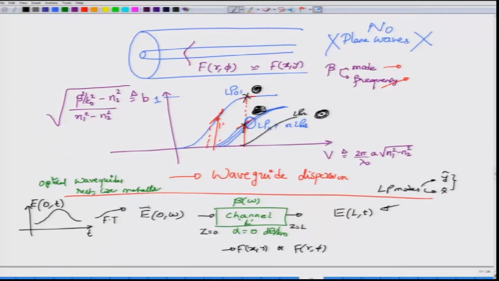Let me put another symbol to denote that what I am writing here is in the frequency domain. So, what I will have is the spectrum of the pulse that is now trying to propagate through the channel, and using this spectrum we will build up to the output and then go back from the frequency domain to the time domain using the inverse Fourier transform, something that we are going to do in the next module.